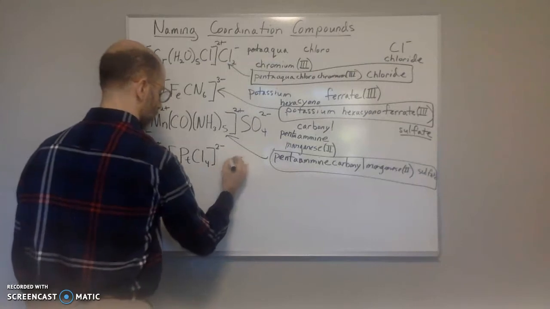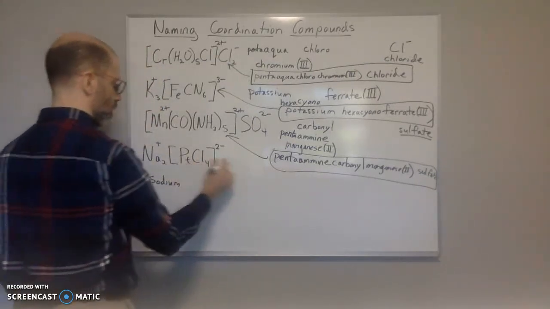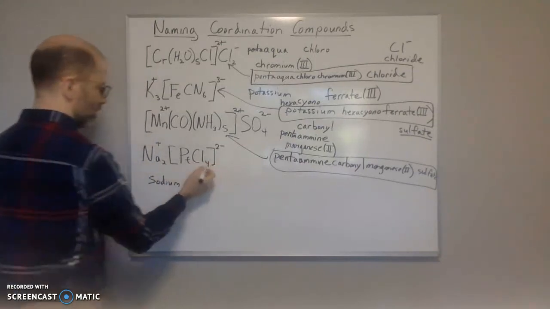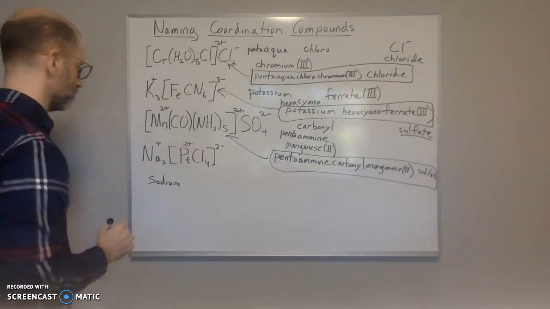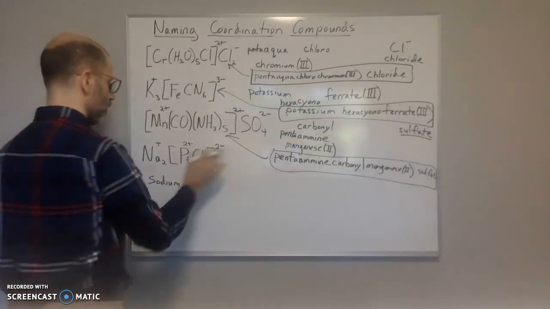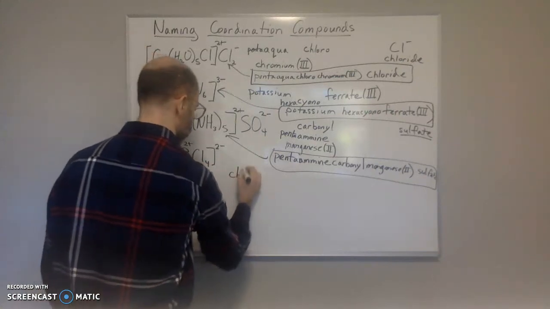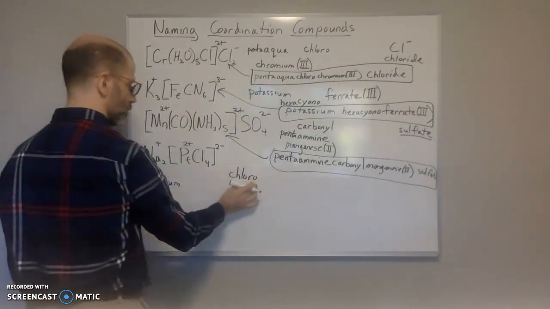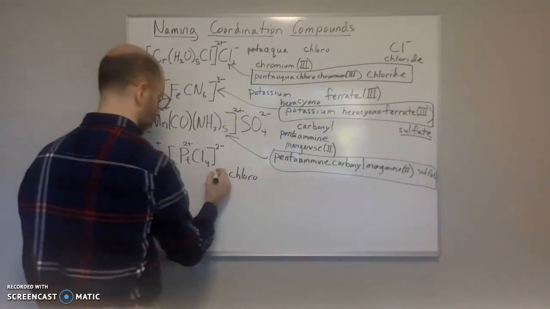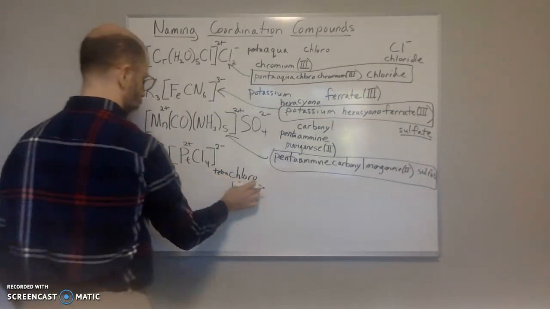Chloride ions have a charge of -1, and we have 4 of them, so there must be a 2+ charge on the platinum. Again, chlorine is going to be chloro. So we have to name this complex here. This is chloro for the chlorine. We have 4 of them, so it's tetra. So tetrachloro for the 4.